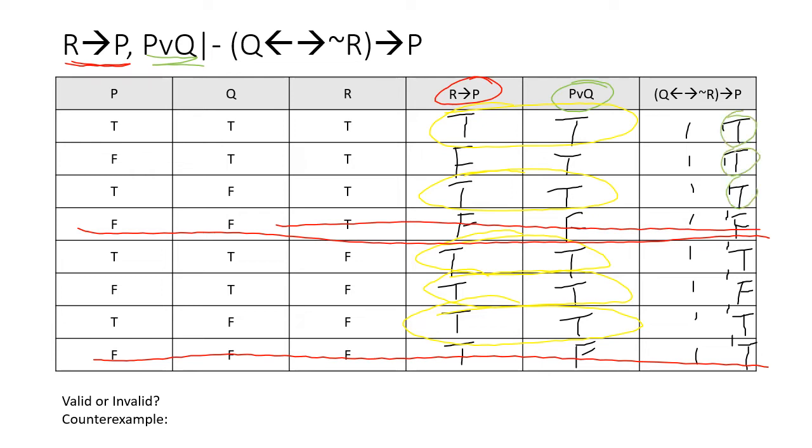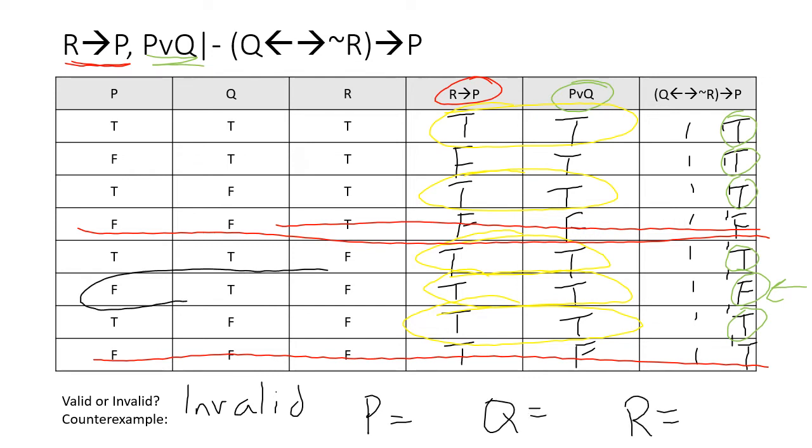Well, it's true, true, true, true, oh, false. So based on this one, it's going to be invalid. And it's going to be a counterexample of FTF. That.